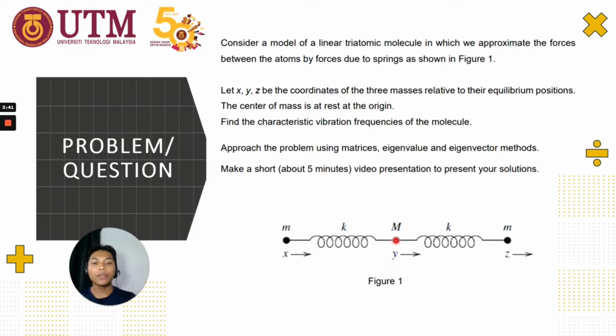The capital M refers to the center mass, and the K is the same because the K, which is the spring constant, is the same for each spring in this diagram. X, Y, Z represent the distances of spring K for this first spring and the second spring. Then this question asks us to use matrices, which is the eigenvalue and eigenvector method.